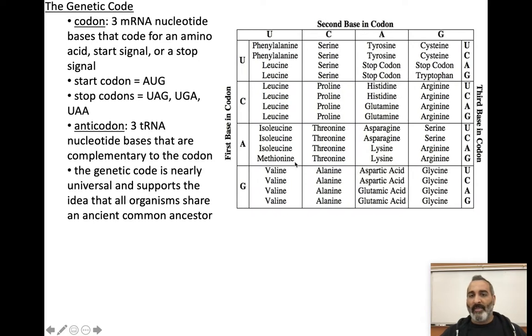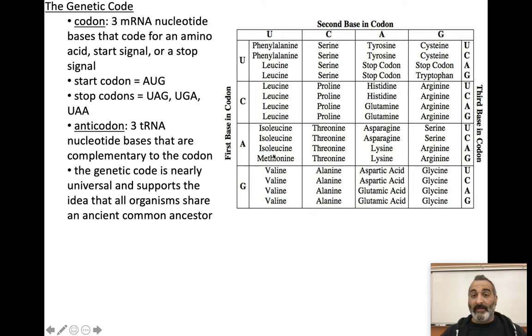Methionine over here, just so you know, is the start codon. Yes, it is an amino acid. It is also the amino acid that pretty much starts the beginnings of every protein. You don't need to know this for your test, but proteins get modified later on after they're produced, and sometimes the ends might get cut off.